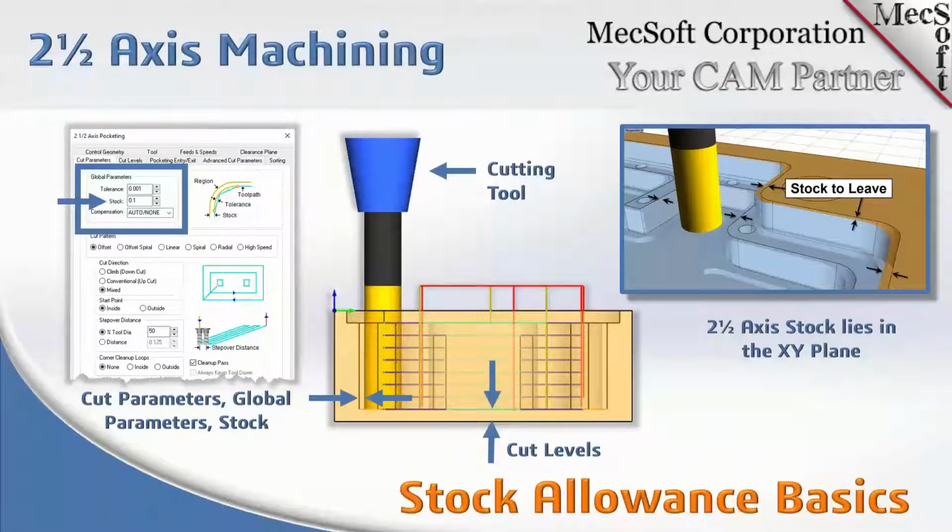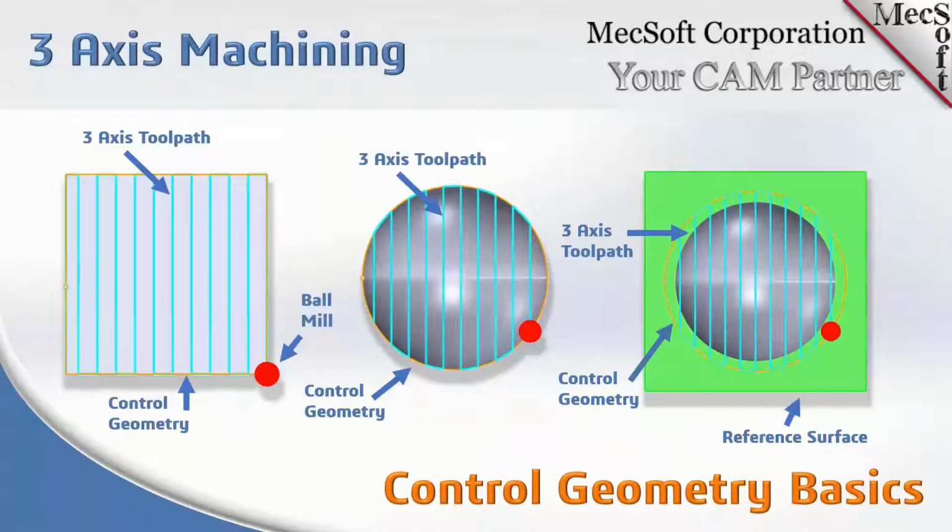So, the slide previous. Now let's talk about 3 axis. Similar to how we talked about 2.5 axis, we have 3 examples here looking down in the XY plane. On the left, all 3 of these operations are parallel finishing operations. We have control geometry, which serves as containment to contain the tool path.